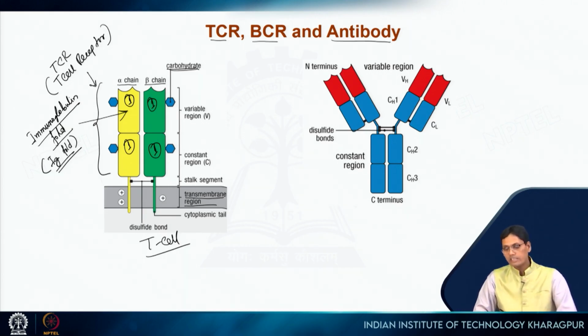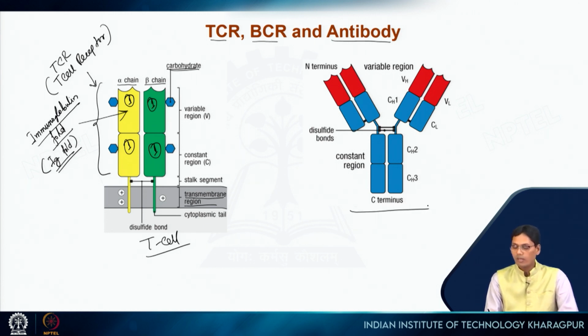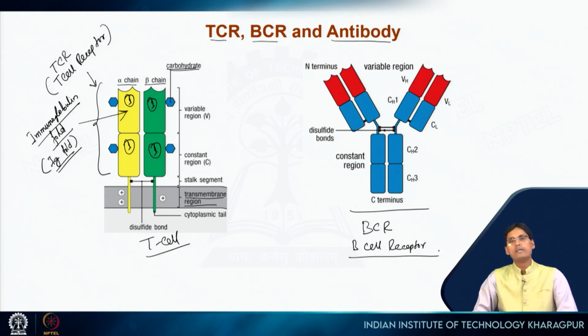Now if we concentrate on this panel here, this is our BCR, that means B cell receptor. Also it is an antibody. This is very similar. As I already mentioned before, the BCR is attached to the membrane of the B cell, and the antibody is the secreted form of the same thing.